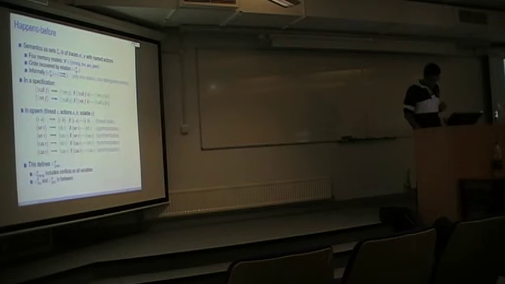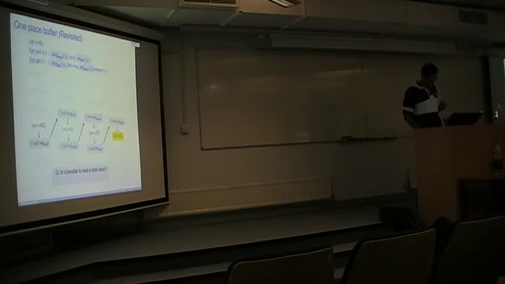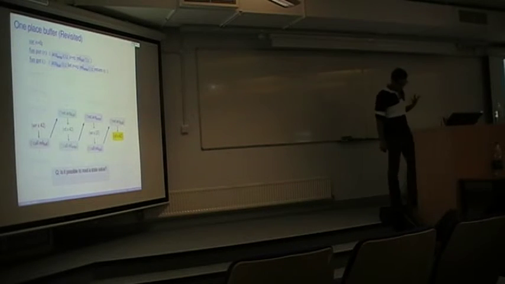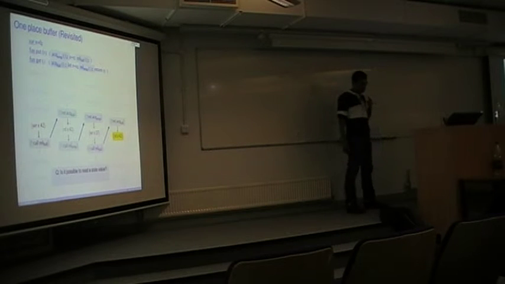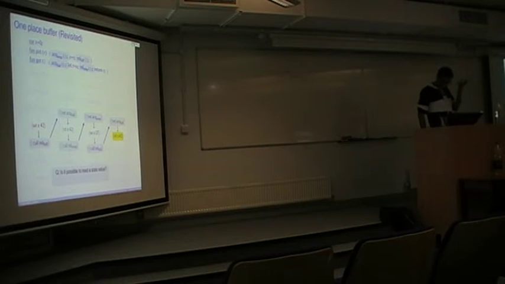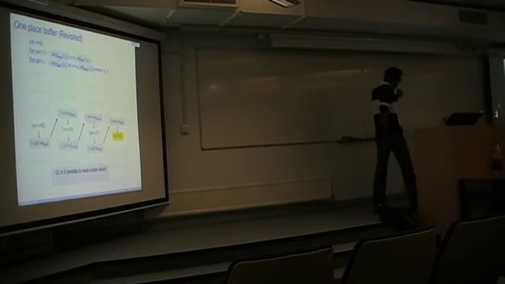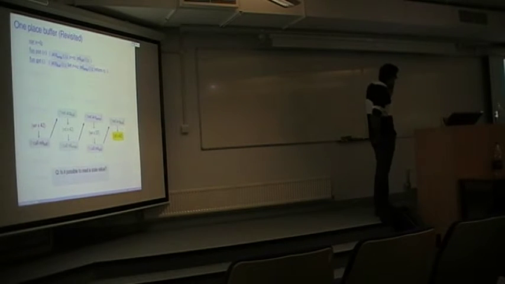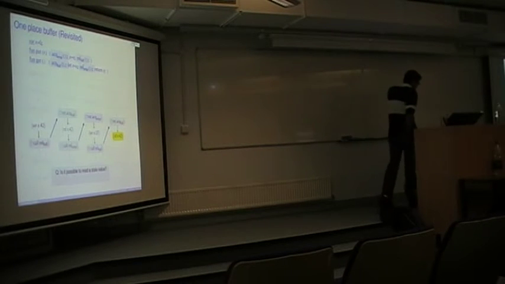Okay? I'm not going to bother you with the details. But now let's return to the one place buffer. This is the scenario we had, and now the question we were asking was, well, hey, is it possible for me to read 42 from the read 42 at that place, which is a scale value?